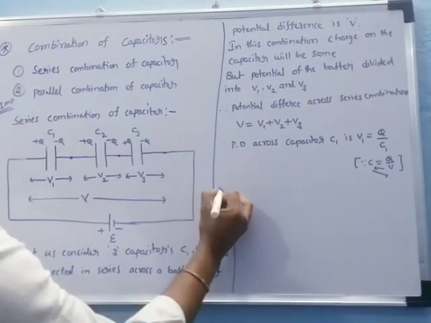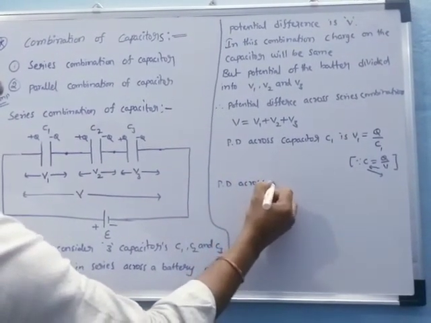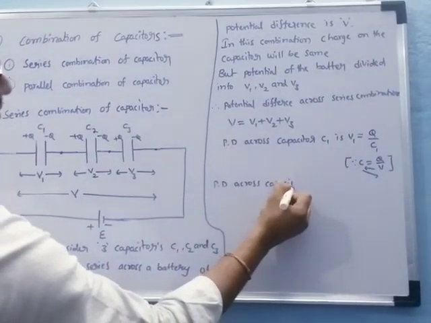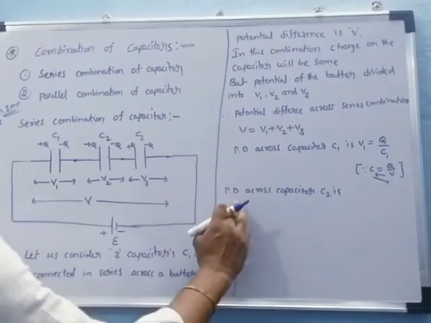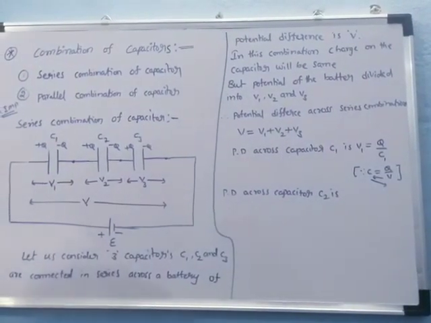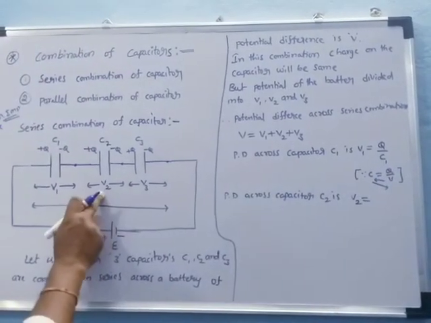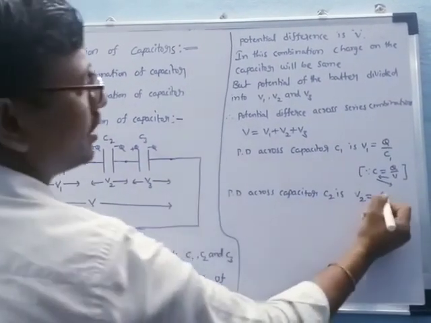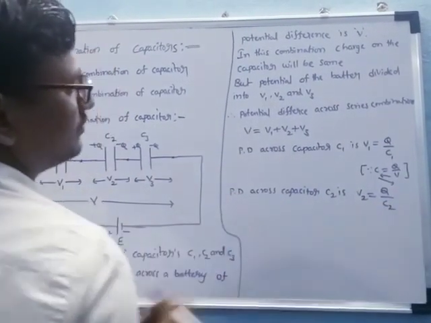Similarly, the potential difference across capacitor C2 is V2, equal to Q by C2.